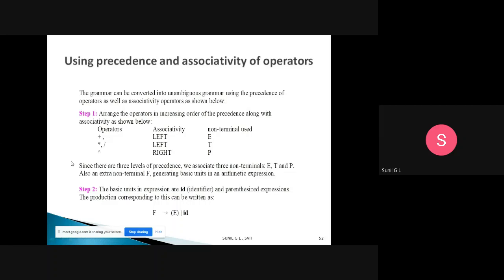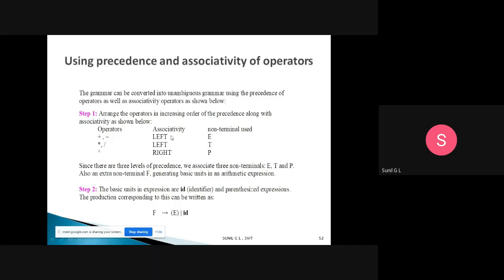Arrange the operators in increasing order of precedence along with the associativity. Here plus and minus have very low precedence, star and division have the second precedence, higher than plus and minus, and square has the highest precedence.